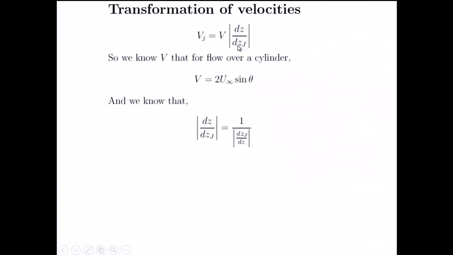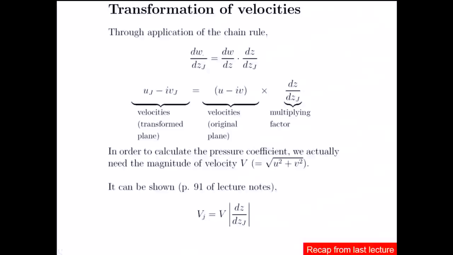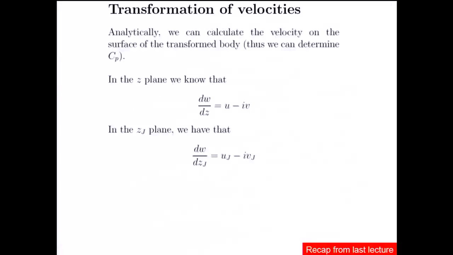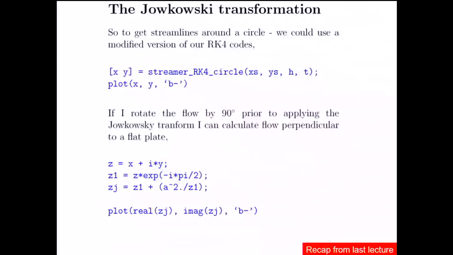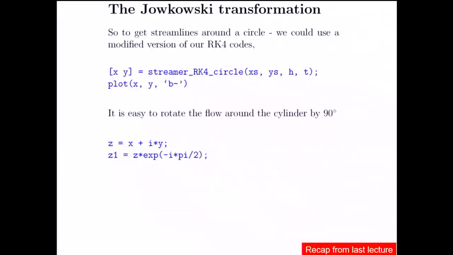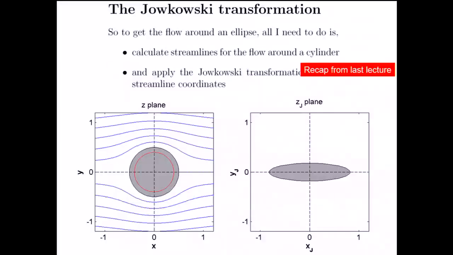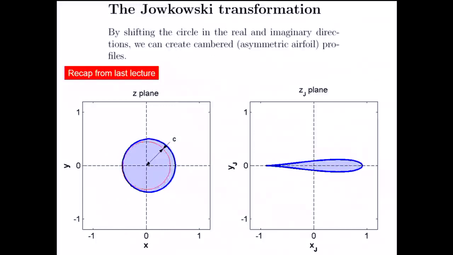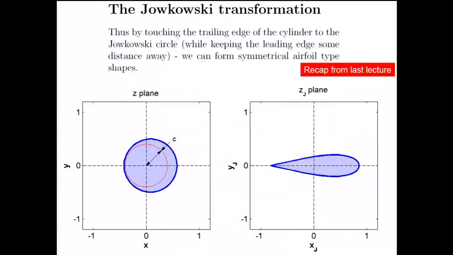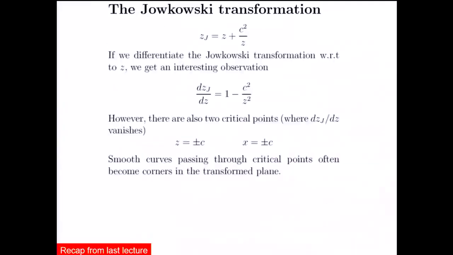But what we have written before, for example, if you look at this equation, sorry, I'm just trying to show you. What I'm trying to say is that the transformation we applied is zj as a function of z.